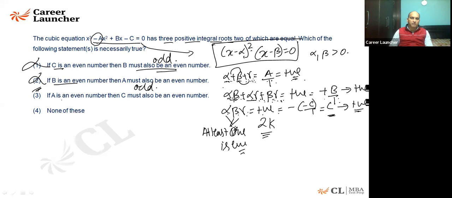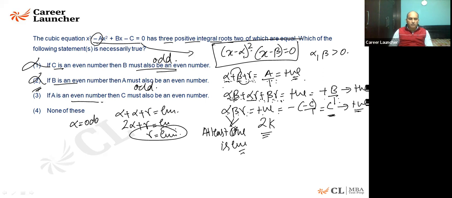Okay, let's come to the third one. If A is even, the sum of the three values is coming out to be even. I know two of the roots are equal. It is even. We know 2 alpha plus this is coming out to be even only when gamma is also even. One thing is for sure. Gamma is even and alpha can be odd or it can be even.